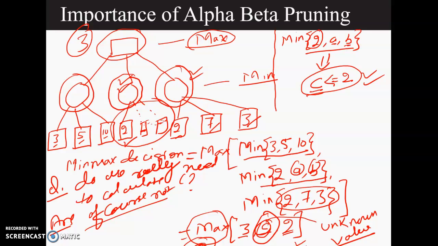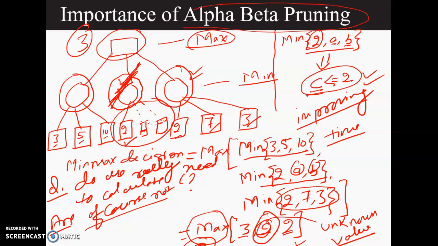So what we are doing, we are cutting these nodes, and if we are not calculating what is the value at these nodes, it means that we are improving the performance. We are saving our time. This is what alpha beta pruning does. So this is the situation where you will see that alpha beta pruning comes into the picture.